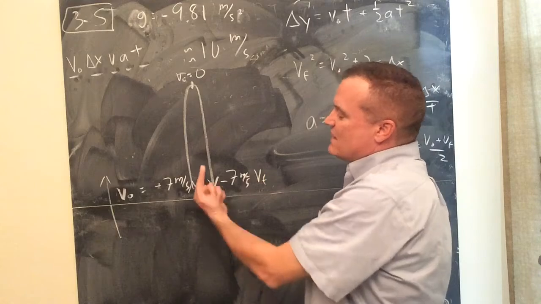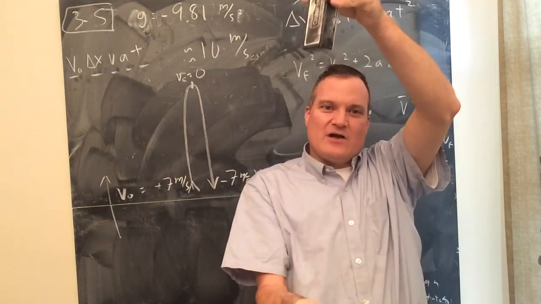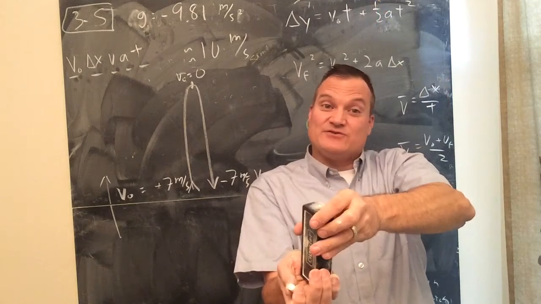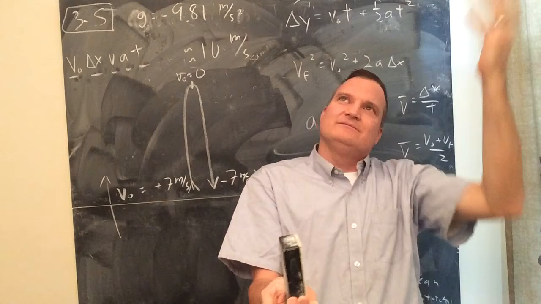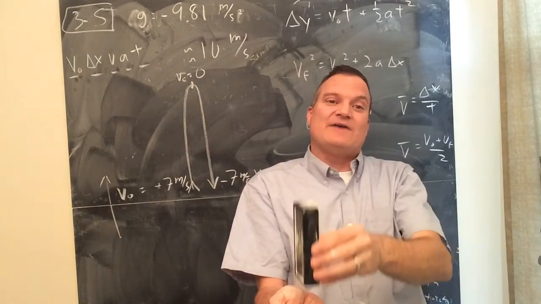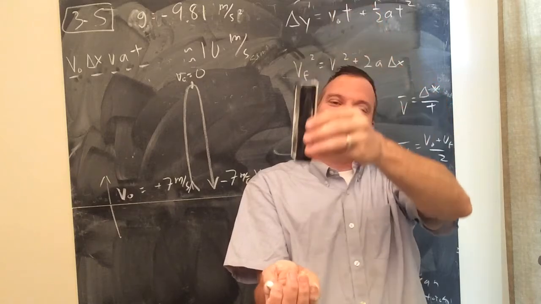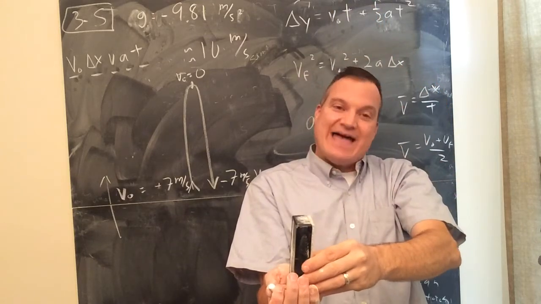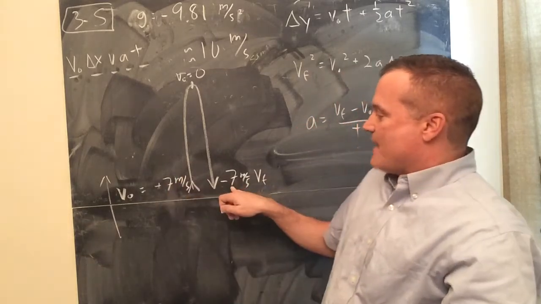So if you throw an object and it goes up, and comes back to the exact same height where it left your hand, say it were going 5 miles per hour when it left your hand, it's going 0 up here. When it gets back down to your hand, it's going to be hitting you with negative 5 miles per hour. It's going the same speed, but in the opposite direction.